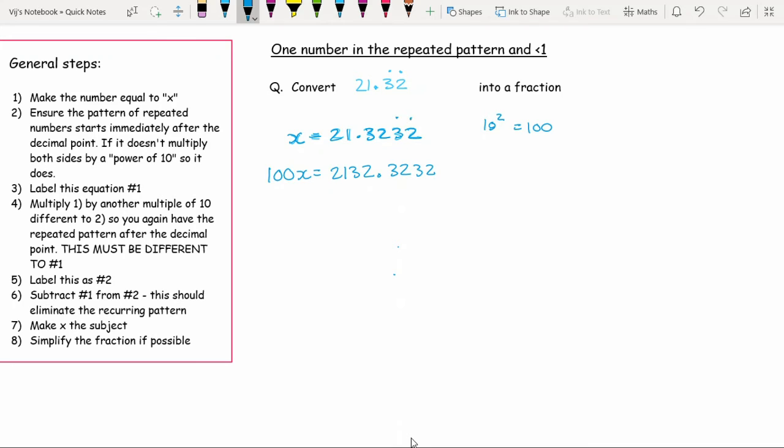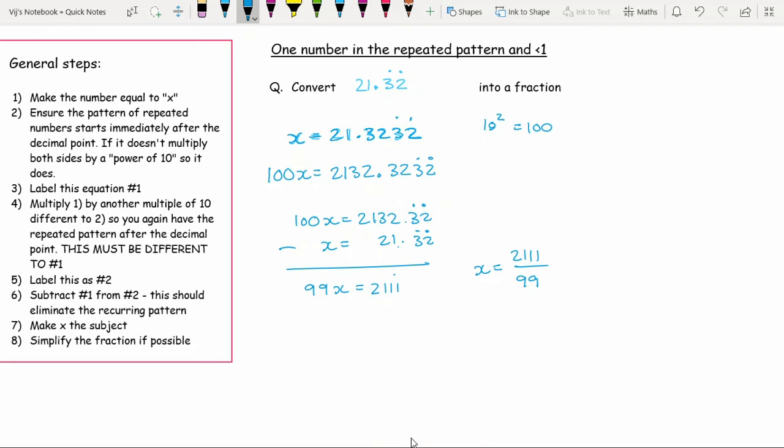2132.3232, and then x equals 21.3232. I'm going to subtract them, so I get 99x equals 2111, and then x equals 2111 over 99.